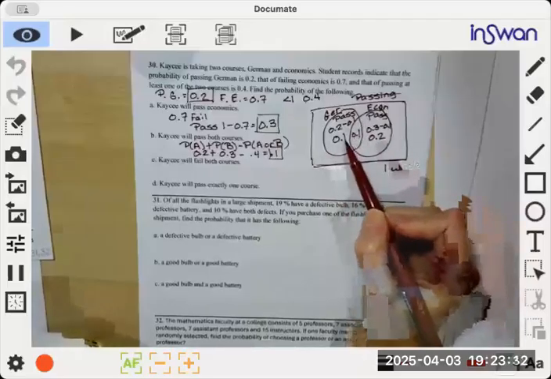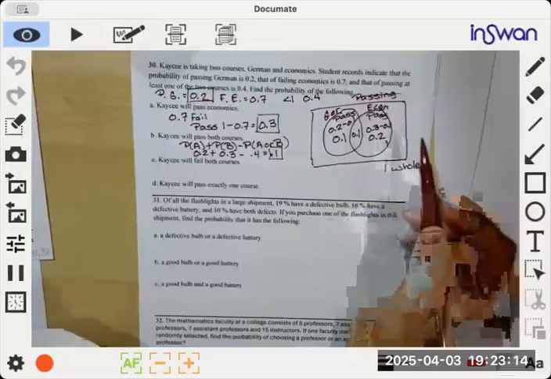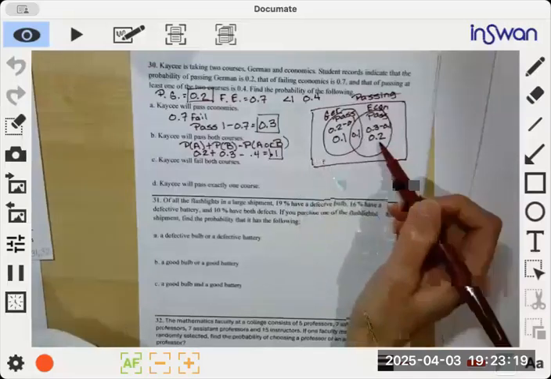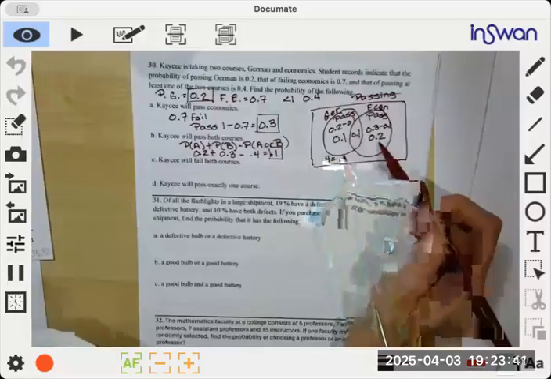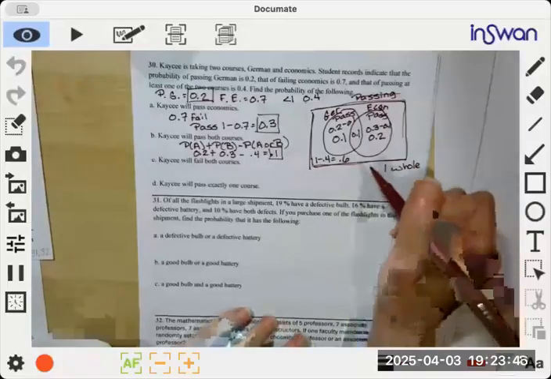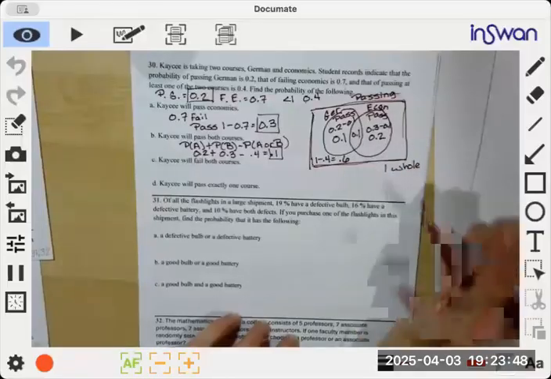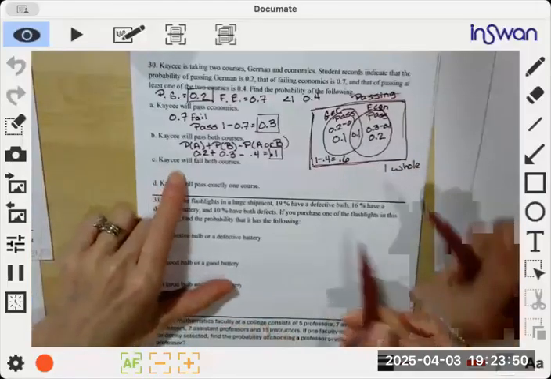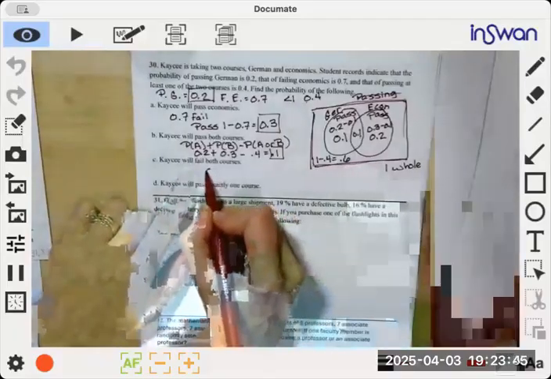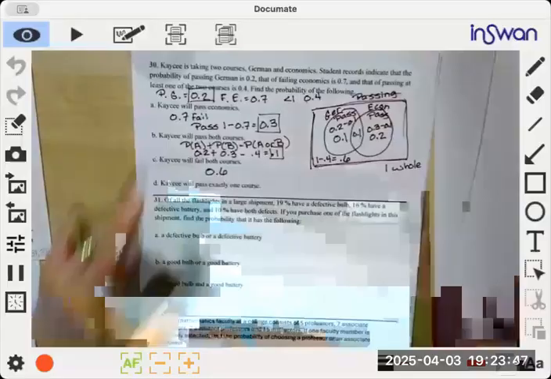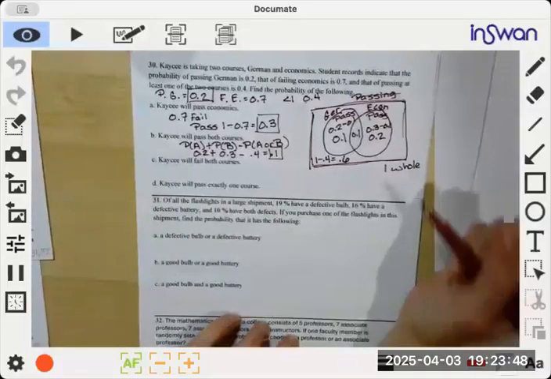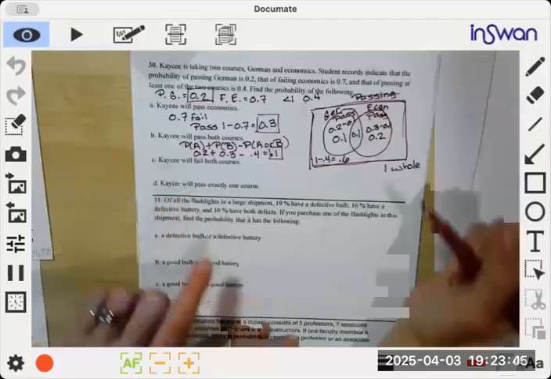So if this is 0.1 plus 0.1 plus 0.2 or 0.4, that means this is 1 minus 0.4 or 0.6. This is not a good class to take, people. Look at that. 60% of the people are going to fail. Oh, and that's the next question here. So 0.6 are going to fail. Oh my God. Yeah, that's an awful course. Don't take that, teacher.